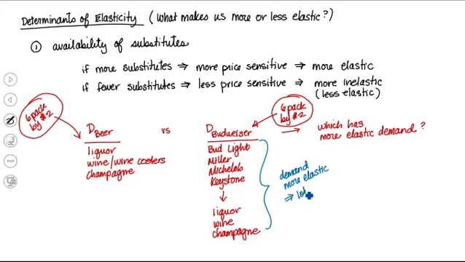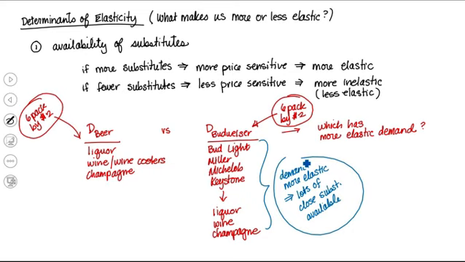There are lots of close substitutes available. So the ability to substitute makes us more elastic. That makes sense, everyone, right? All right, so the first determinant of elasticity: substitutes, the ability to substitute.